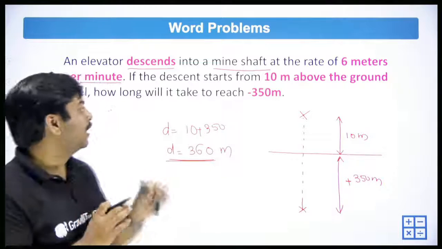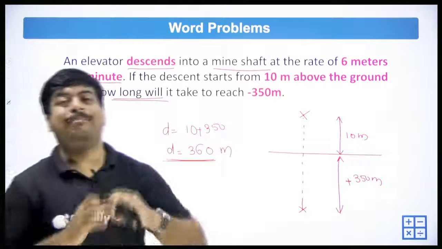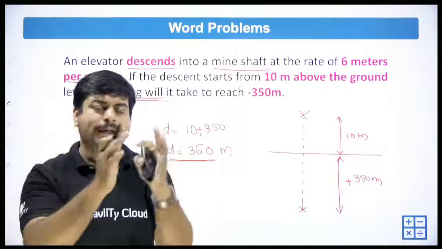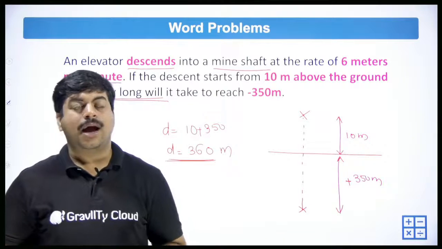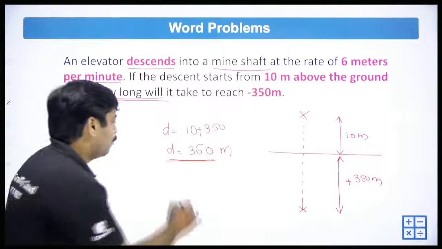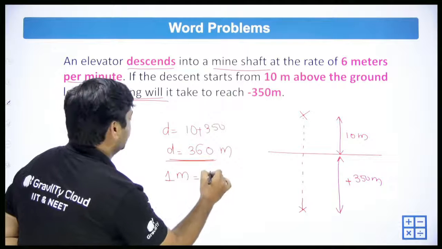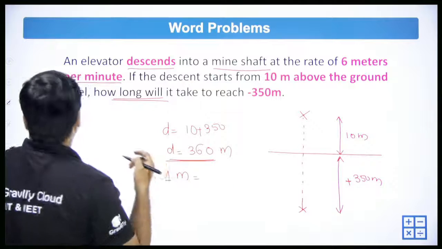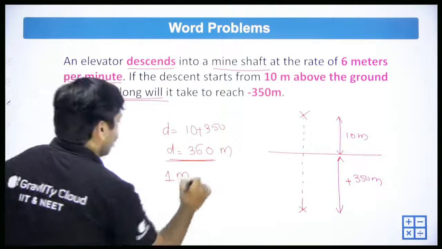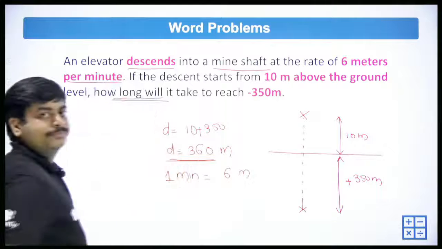But we should find how long it will take, meaning how many minutes or how many hours, what is the total duration of that journey at the rate of 6 meters per minute. For 1 minute, let us say we are going at 6 meters.